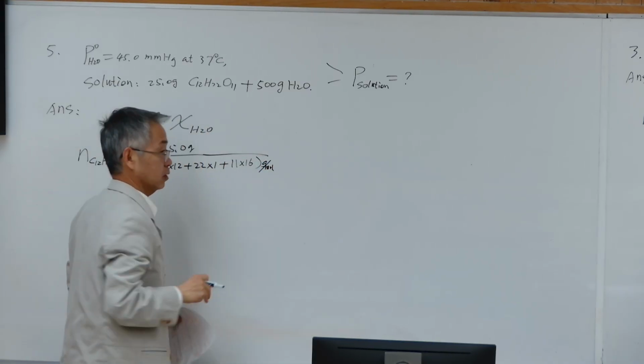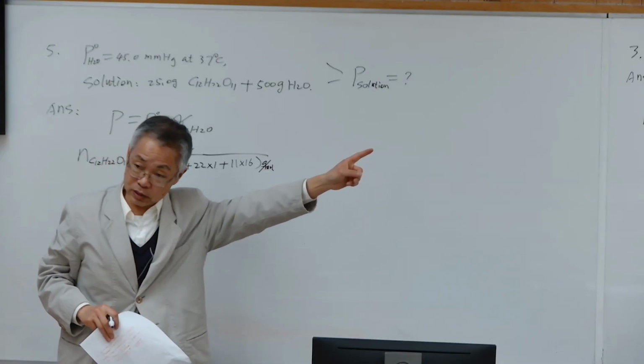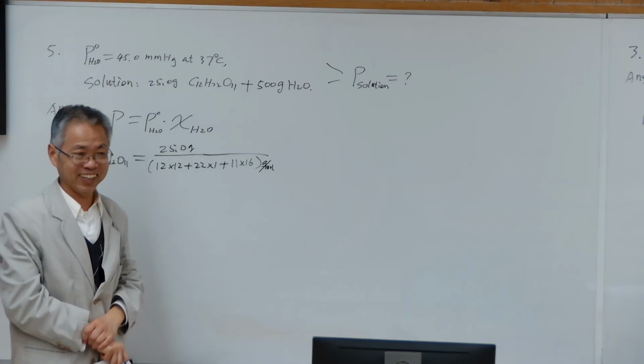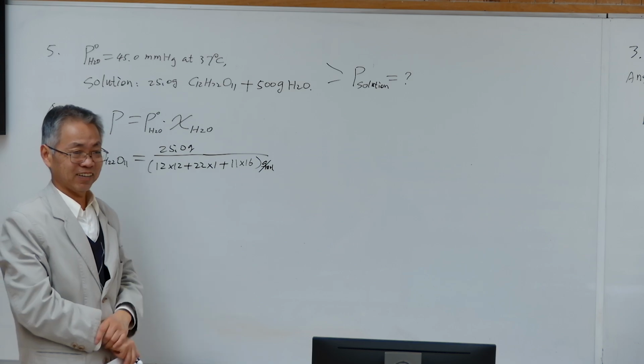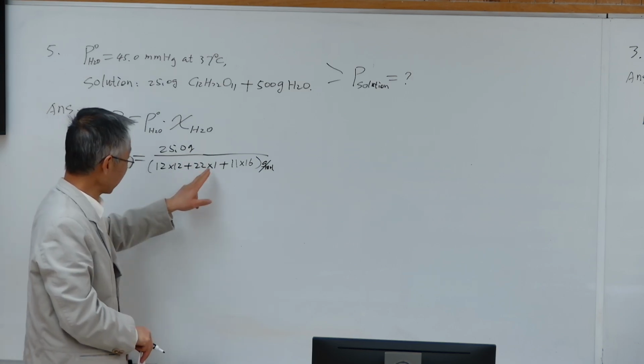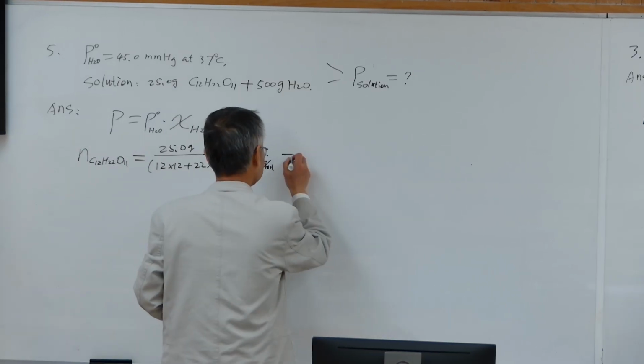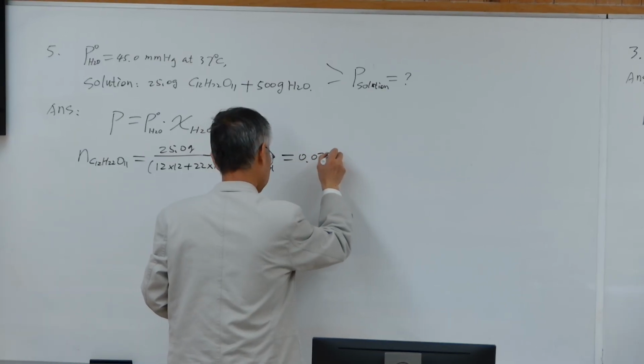And I forgot to give you the periodic table. Every time the periodic table is always open to you, so you can still use that. Anyway, add together is 342. 25 divided by 342 is 0.0731.